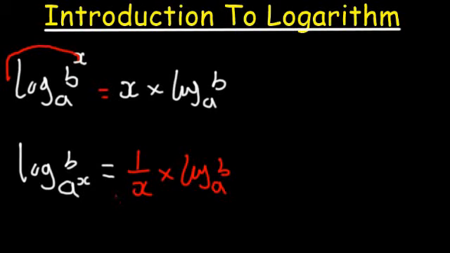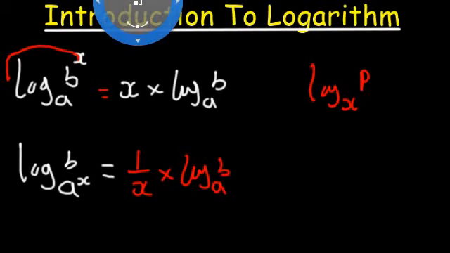Okay. So the next one is the change of base. What am I saying? Let's try to figure it out with some visual illustrations. So let's say you have a log of a certain number with a particular base. Let's say log of base x to p. Is there any other way in which you can write this?